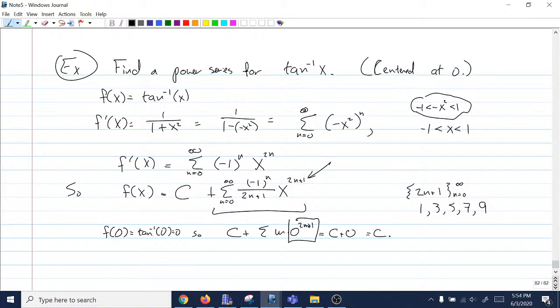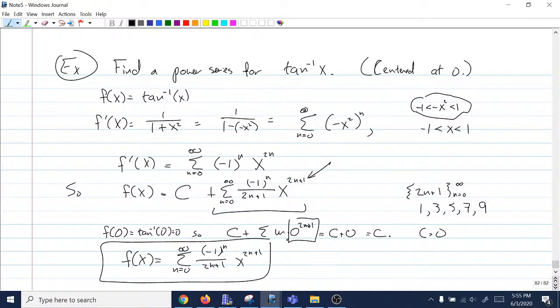Saying 0 to any power is always 0 is not true, because 0 to the 0 is 1 in this context. But 2n plus 1 is only odd numbers. We're not using 0 to the 0. So, yeah, f of 0 is 0. C is 0. I think I have not explained that correctly, but C turns out to be 0. Cool.